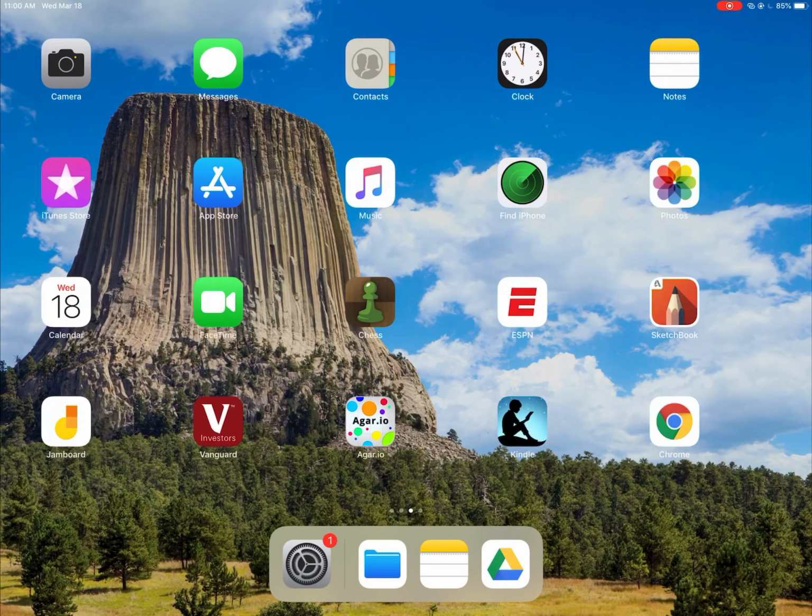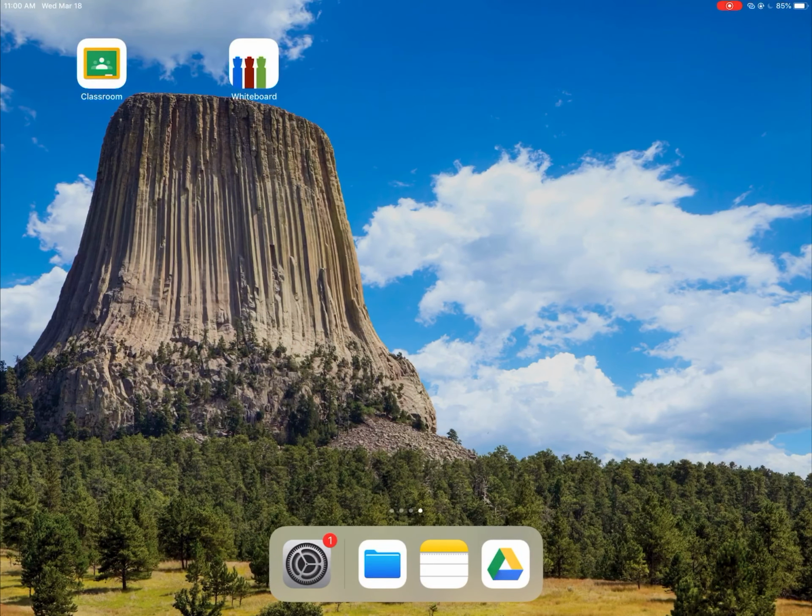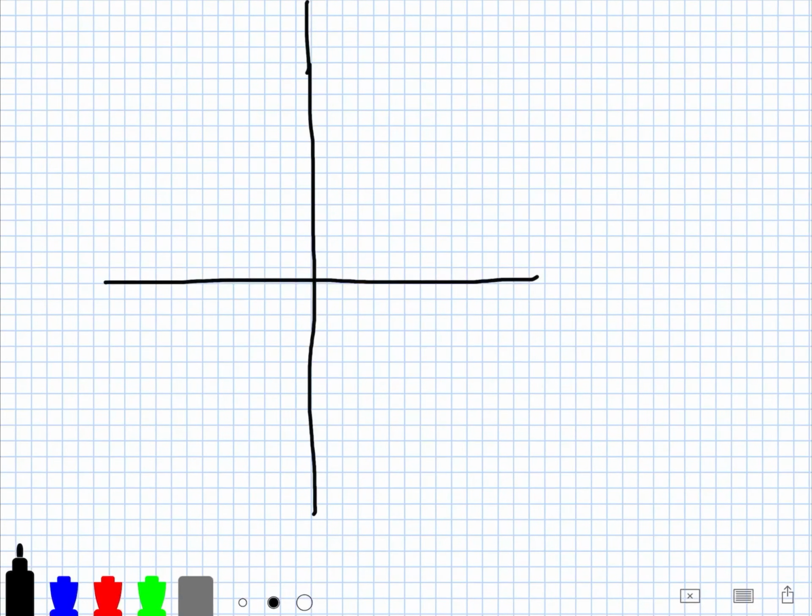I'm going to go through an example of each and how you're supposed to solve it. The first way I'm going to do is graphing. Graphing, in my opinion, is probably going to be the easiest one out of the three, assuming you know how to graph.